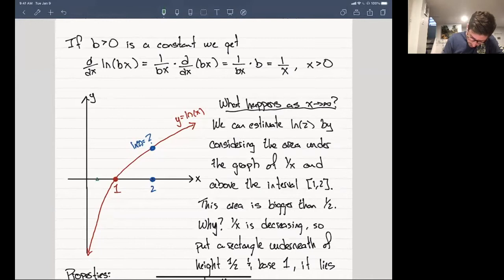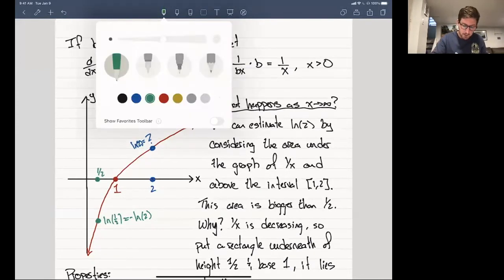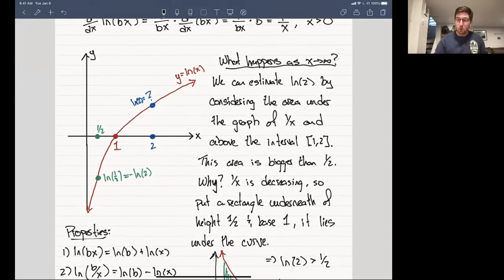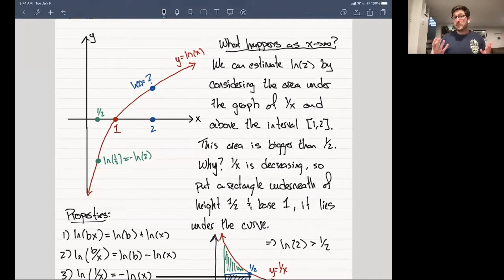So let's say right here, then this is ln of 1/2, which is equal to minus ln of 2. So we really only need to calculate values for the logarithm for x values bigger than 1, because then we can just negate them to find the values that are smaller than 1.